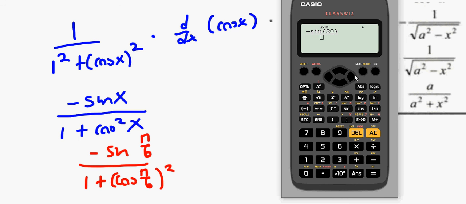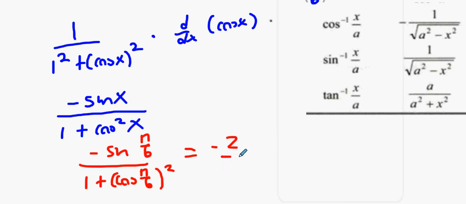And I'm hoping somebody beat me to this. Did we get minus 2 over 7? Awesome. Alright.